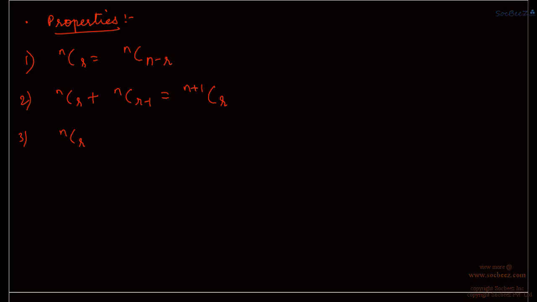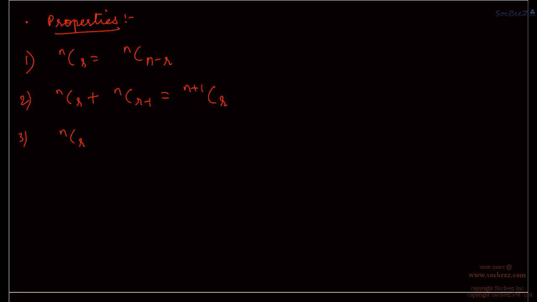Now if you look at nPr, it is n factorial by (n minus r) whole factorial, right? Let us look at it from the beginning. Let's say r varies from 0 to n. r can be 0, so nP0 will be nothing but n factorial by n factorial, which is 1.